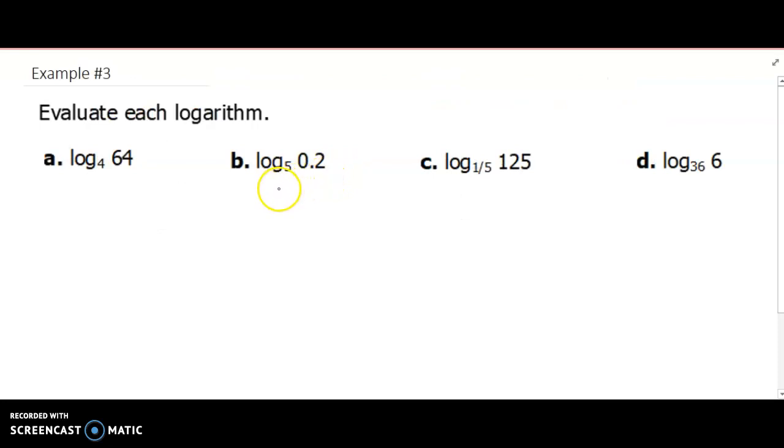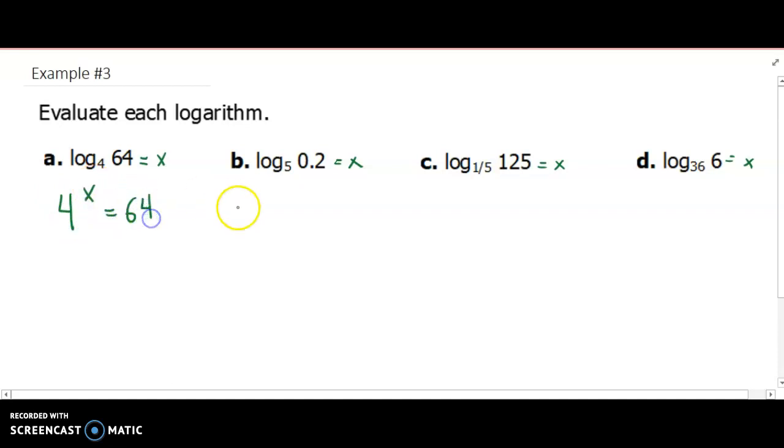All right, so here we're going to evaluate each logarithm. Most of us are more comfortable with exponents, myself included. So I first like to write this out in exponential form. I'm going to call it x and then solve for it. If I write this as an exponential function, I would write 4 to the x equals 64.